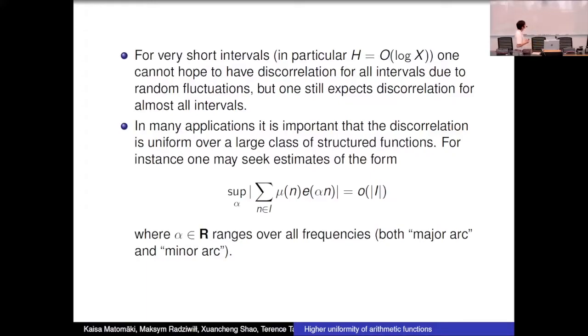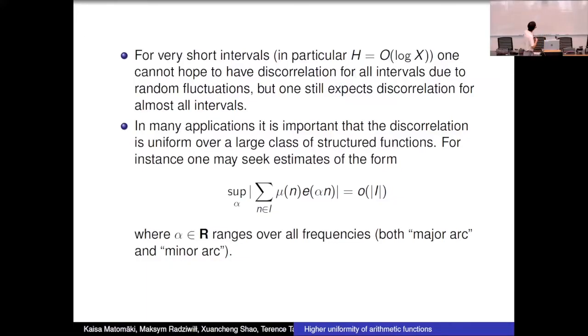In many applications, it's not enough to just get discorrelation for a single function. You'd like to actually get uniform estimates for a class of functions. So here's a typical thing you might want. For every real number alpha, there's a linear phase e of alpha n, and you may request not just that the Mobius function discorrelates with each individual linear phase for, let's say, almost all intervals, but even if you take the sup over all alphas, then even then, still for almost all intervals, you can control uniformly the sup, and that's a stronger estimate and more difficult.